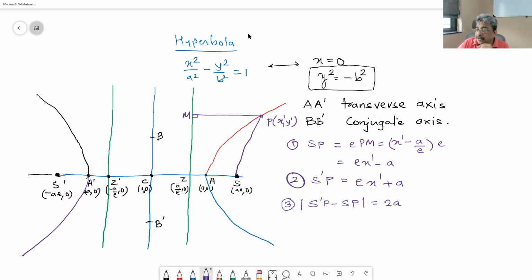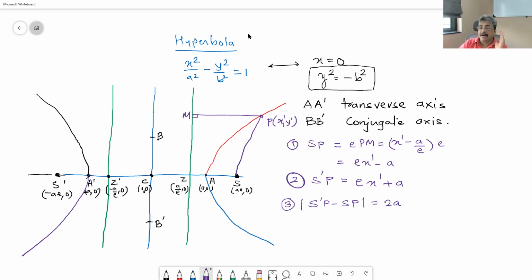Like in case of ellipse, the total distance traveled from focus to any point on the ellipse and back to another focus is constant: PS plus PS dash was constant. Here it is the difference. So there is a similarity and difference between ellipse and hyperbola.